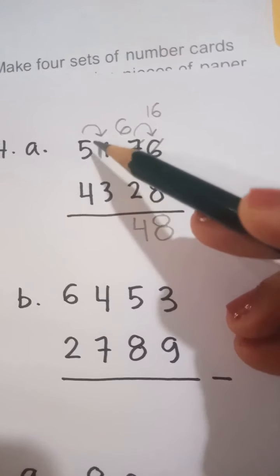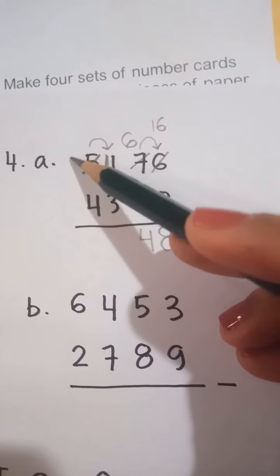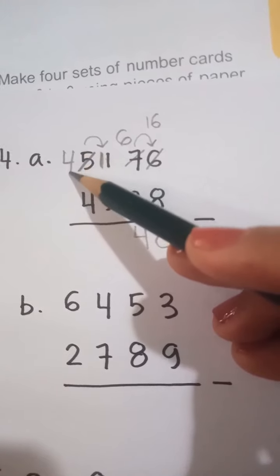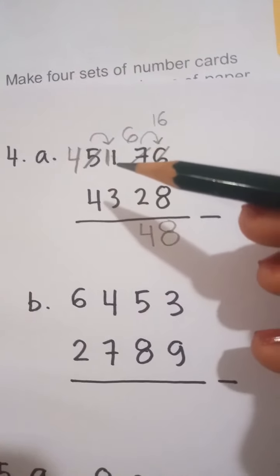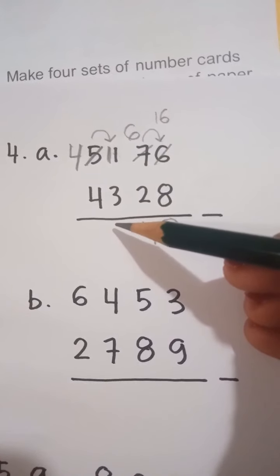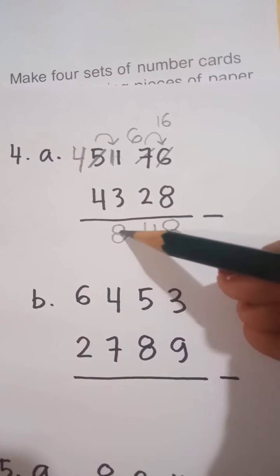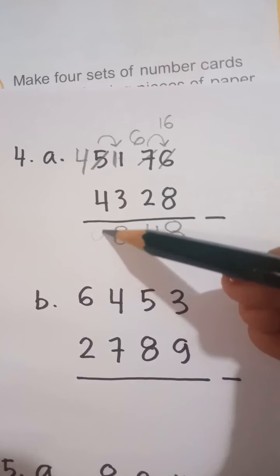1,100, and 4 left at the thousands. Now let's subtract 11 minus 3 equals 8. 4 minus 4 is 0.